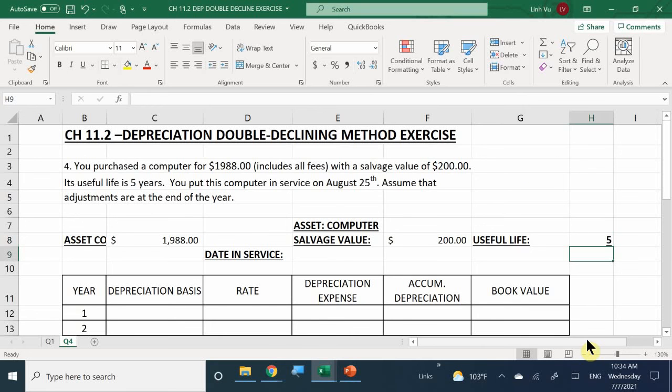5 years. And when did I place it into service? August 25th. So in this case, when am I going to actually depreciate this?